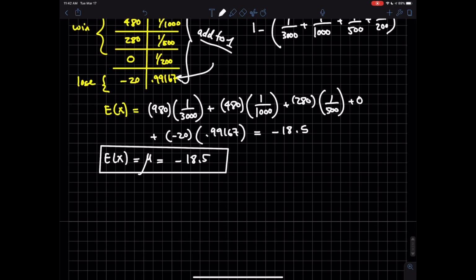So basically, you lose about $1.50 out of every 20, but your average winning is about $18.50 per bet. Or if you look at it from a customer point of view, every customer that plays this game for a long time is expected to lose $18.50 out of every $20 bet he or she makes.